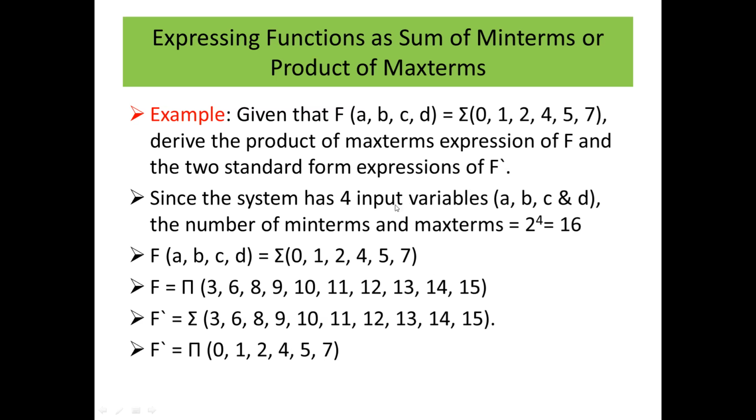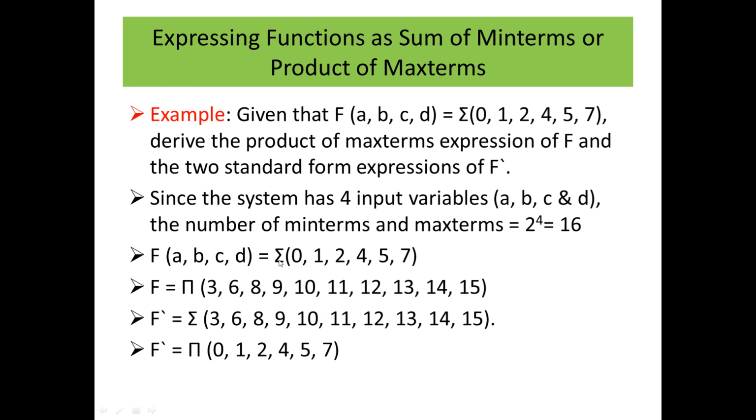Since the system has 4 input variables a, b, c and d, the number of minterms and maxterms is 2 raised to 4, that is 16. So 16 row combinations will be present in the truth table. This is the given problem statement: f of a, b, c, d is equal to summation 0, 1, 2, 4, 5 and 7. F is equal to, write the maxterms. How do you represent?